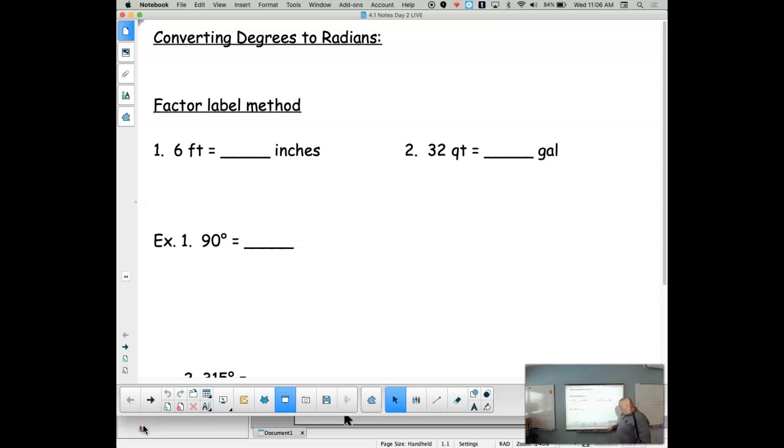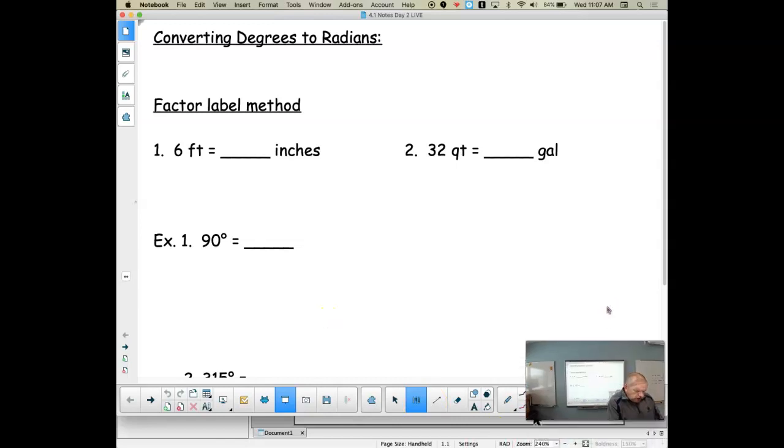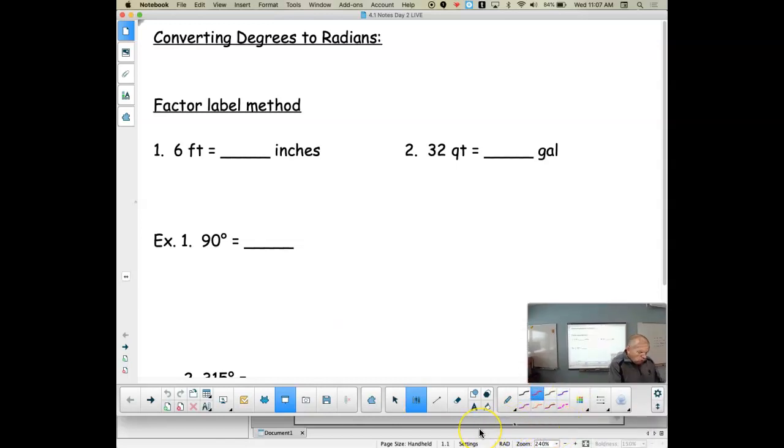Okay? So factor label method, you've probably seen in some scientific type classes. With the factor label method, you start out with a value, and in this particular case, the value that we're going to start out with is 6 feet. Then you're going to multiply that by something to cancel out the feet, and you want it to be in inches.